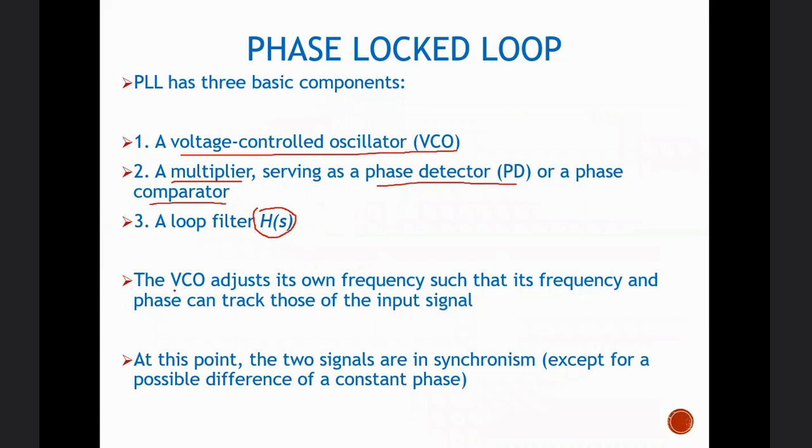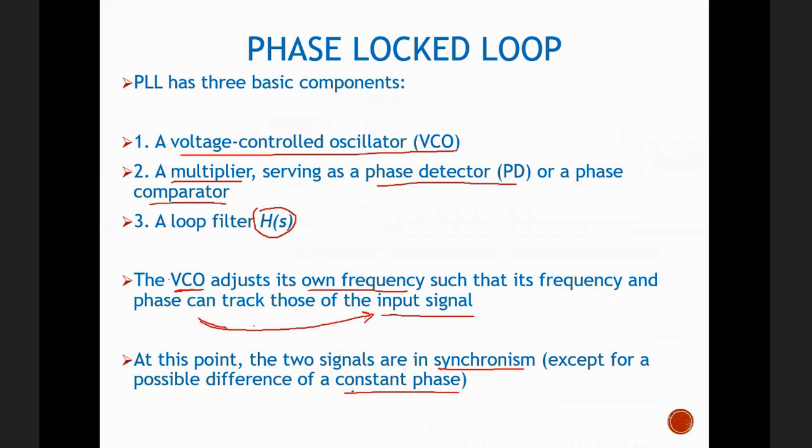So the VCO adjusts its own frequency such that its frequency and phase can track those of the input signals. So this VCO tries to track the frequency and phase of the input signal. At this point, the two signals are in synchronism, except for a possible difference of constant phase. So when it has tracked it successfully, these two signals are synchronized.